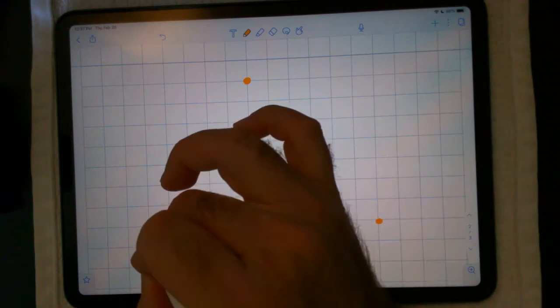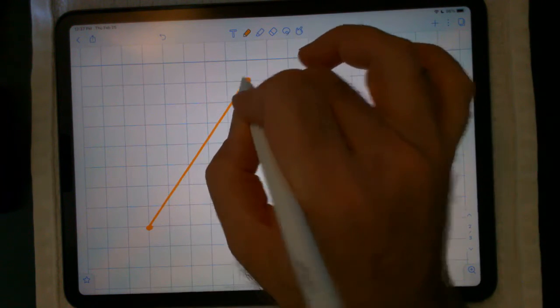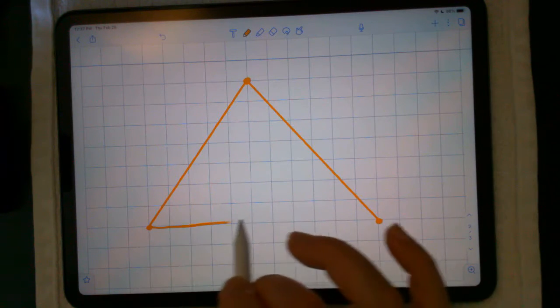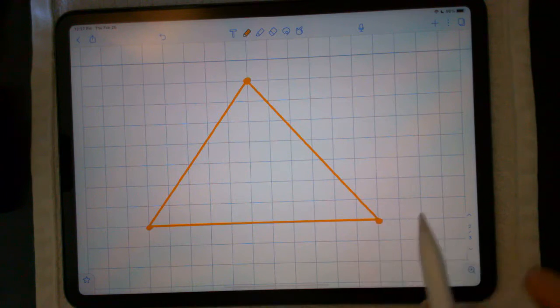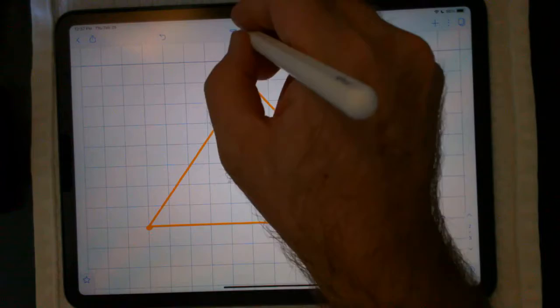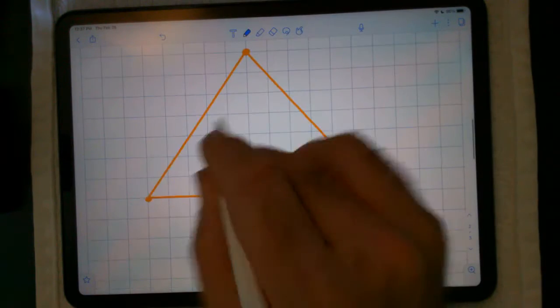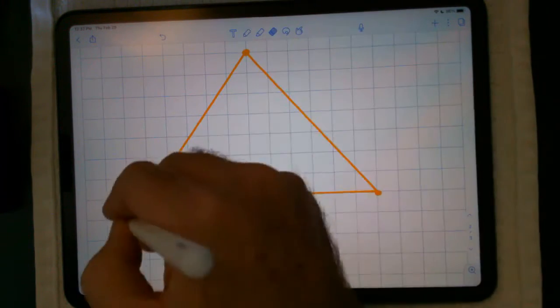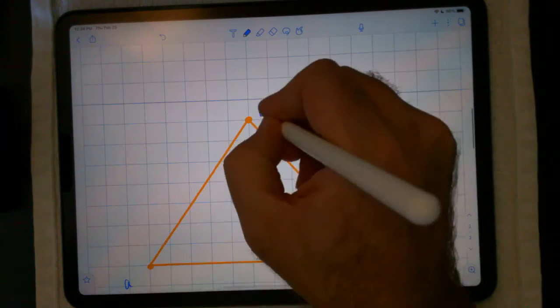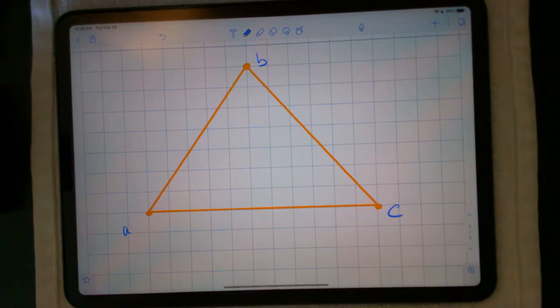I'm trying to draw an equilateral triangle, so let's just pretend that this is an equilateral triangle. Let's call this triangle A, B, C.